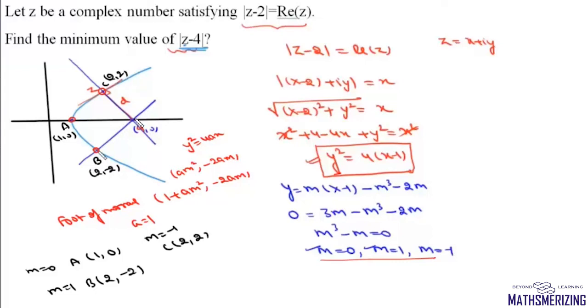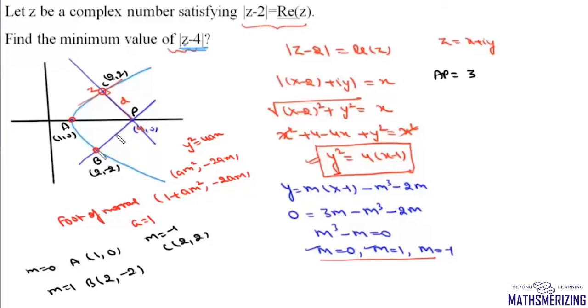Now we'll find all these 3 distances and then we'll see which is the minimum distance, and that will be the minimum value of mod z minus 4. So we'll find this AP. AP is simply 4 minus 1 and that is 3.